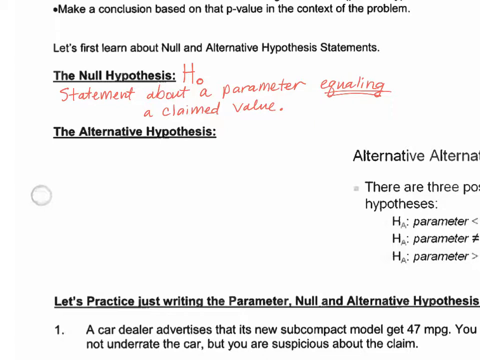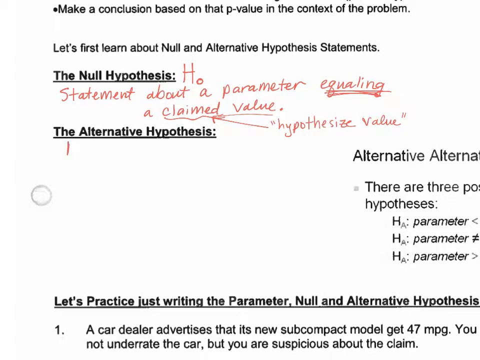So that would mean we would hypothesize that the proportion of water on the globe is, say, 70%. Then we're going to take tests and see if we have evidence to dispute that or not. So our statement is going to be about equaling a claimed value. Also, you may hear that this claimed value is called the hypothesized value. It's what they suspect that it might be. All right? Okay.